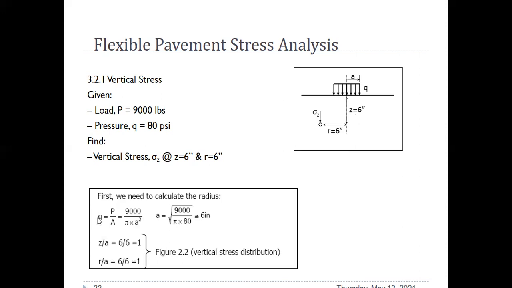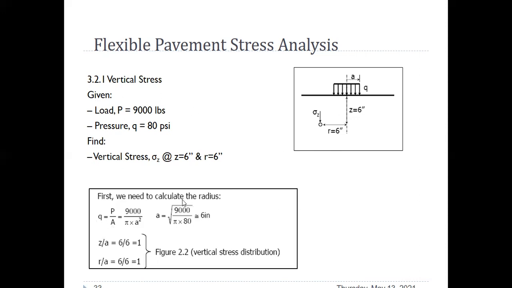So first we want to know what is the contact radius. We always know that the tire pressure is force upon unit area. So we know this force, this is 9,000. Area is pi a square. Remember, don't get confused between R and A here.